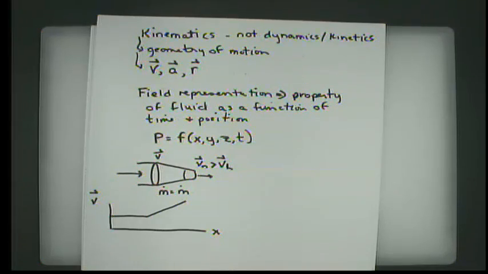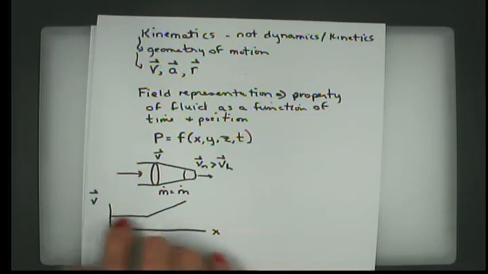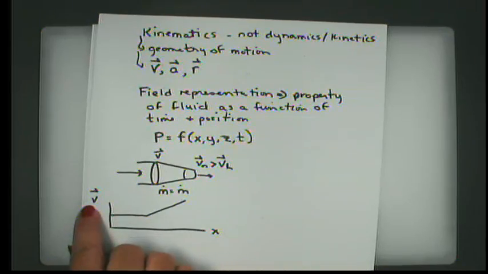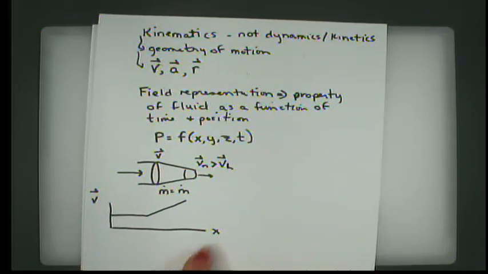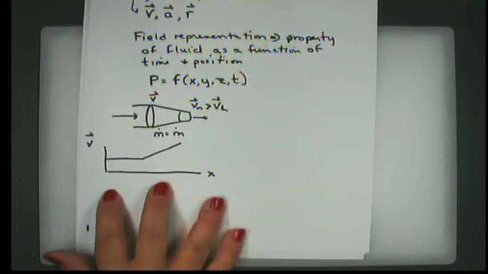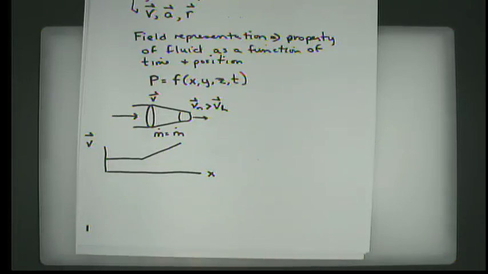This is one representation of a field, the velocity field. In this case, we've kept it pretty simple. We have a one-dimensional velocity. It's just all x, and we're only talking about its relationship in the x direction. There'd be maybe something similar in the y and z direction, or maybe it would be significantly different.